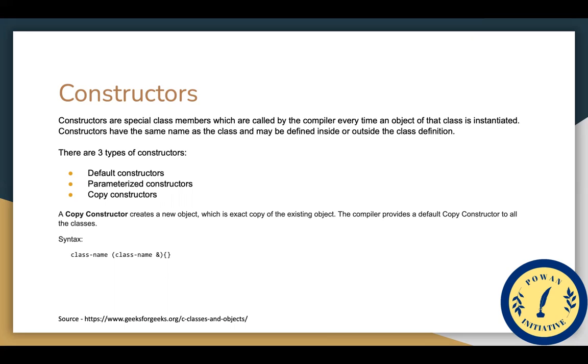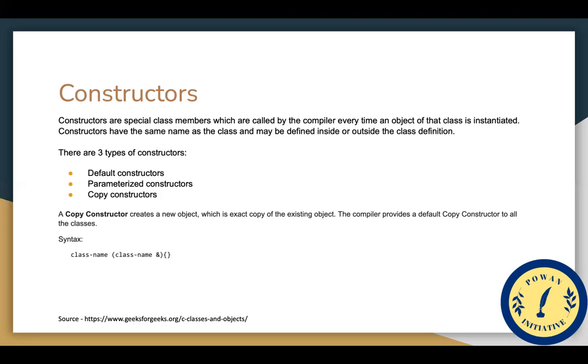Now let's have a look at the three types of constructors we are going to cover in today's session. The first constructor is a default constructor. The second one is a parameterized constructor.